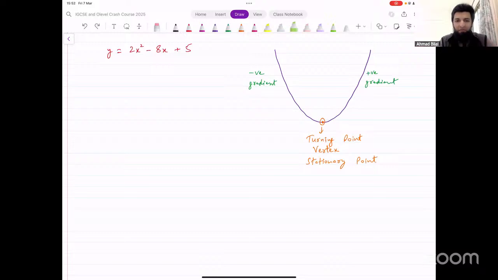What comes between negative and positive? When you go from negative values to positive values, what do you have in the middle? You've got 0.